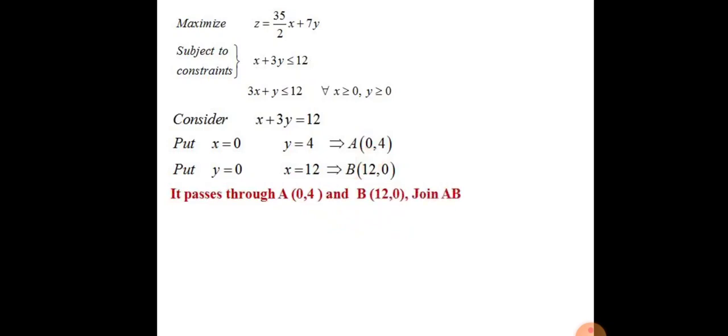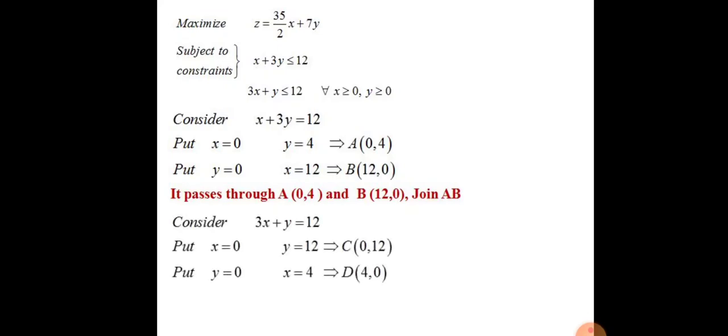It passes through these two points, so join AB in the graph. Now consider the second inequality, 3x plus y equal to 12. Put x equal to 0, we get y equal to 12. This is our third point. Put y equal to 0, we get x equal to 4. This is our fourth point, D (4, 0). Using these 4 points, now we have to plot the graph.